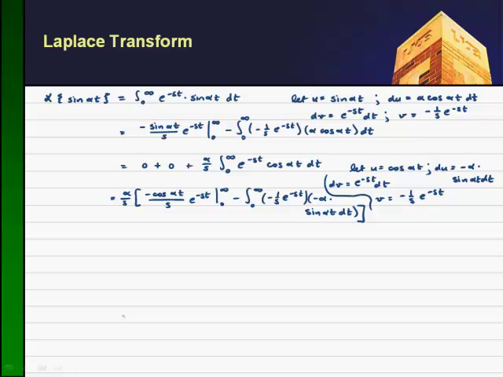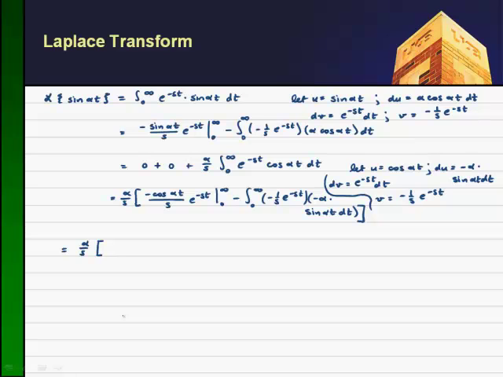So let's give ourselves some space. Let's come over here and we'll write alpha over s, and let's figure this out. At infinity, this exponential function still is going to drive this cosine to 0. Again, the cosine just oscillates. But at 0, I don't have a sine to bring this to 0.